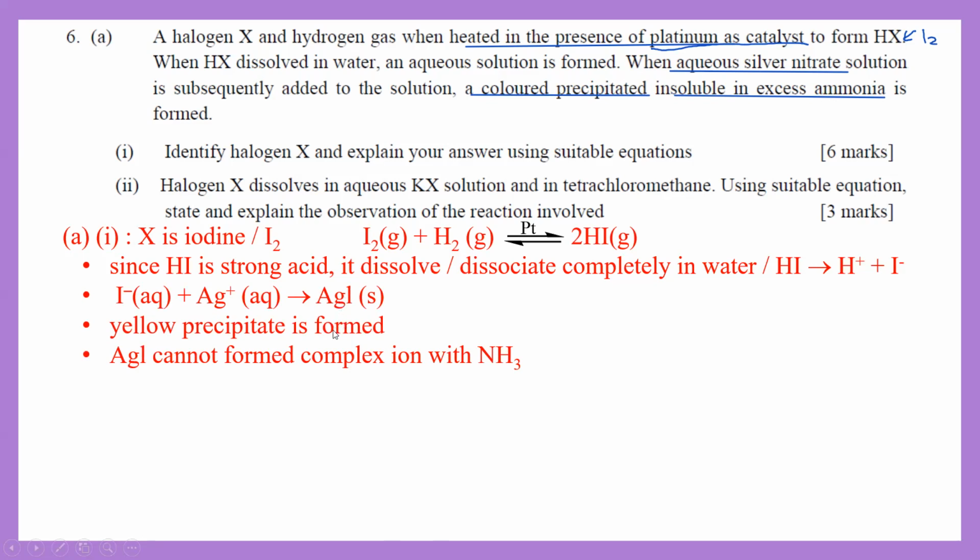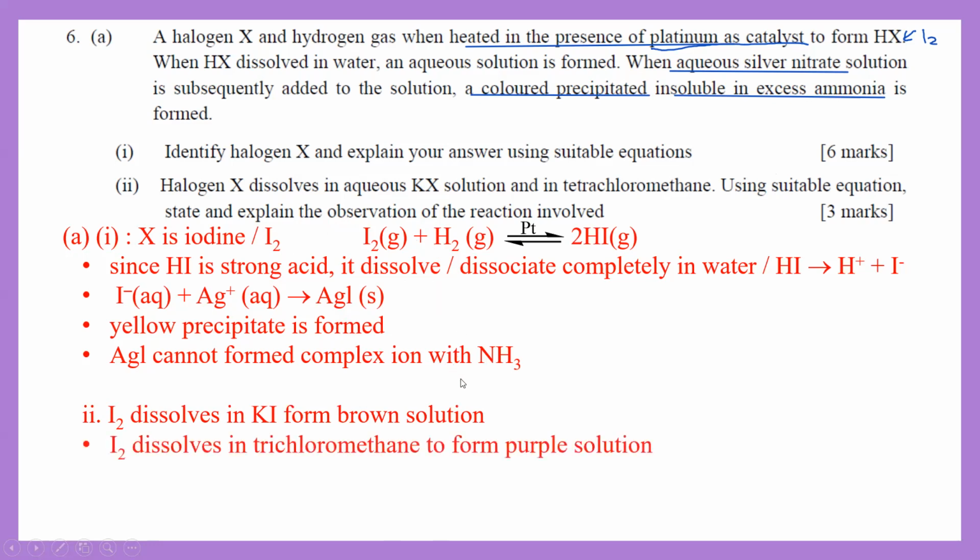And number 2, halogen X dissolved in aqueous KX solution and in tetrachloromethane. Using suitable equations, explain the observation of the reaction above. You first mention that iodine dissolved in potassium iodide forms a brown solution. Iodine dissolved in tetrachloromethane forms a purple solution.